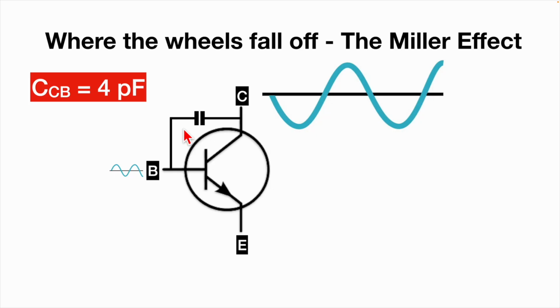And really, this is what's going on. The base is kind of seeing the voltage drop here and misinterpreting it as meaning that this is a much larger capacitance because it's not taken into account the amplifying factor of the transistor itself. So just to be clear, it's this changing voltage on the collector which is really causing the base to get very confused, because it's seeing these huge big voltage swings, dropping voltage over this capacitance.